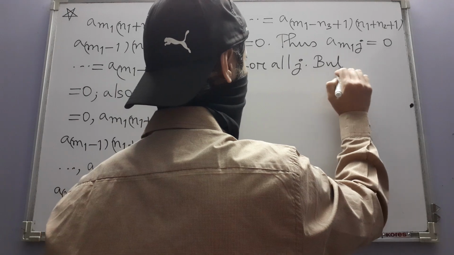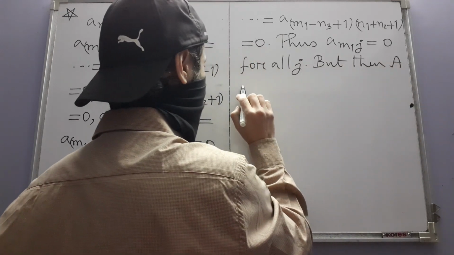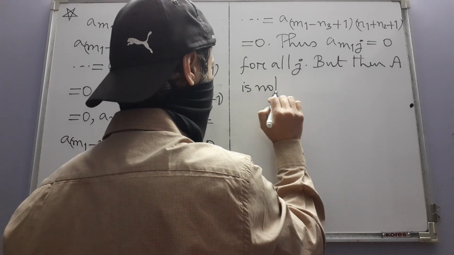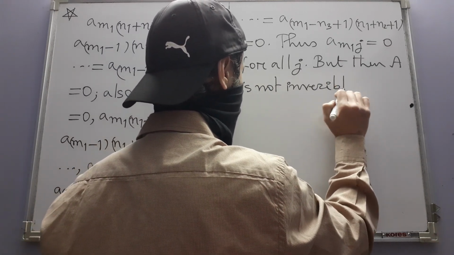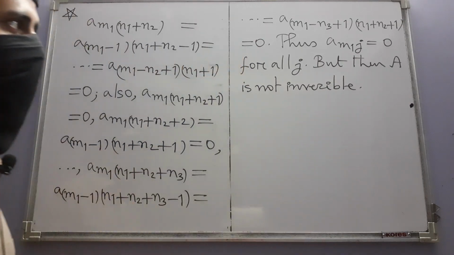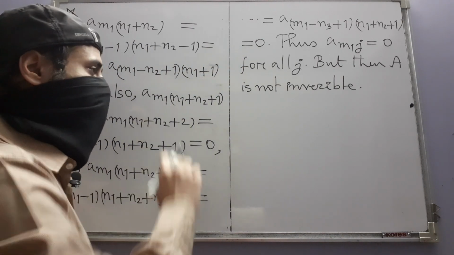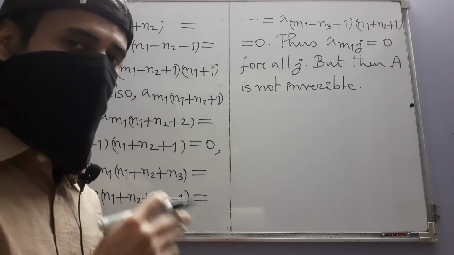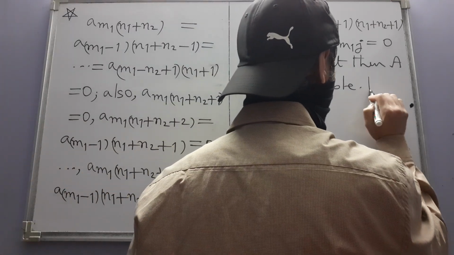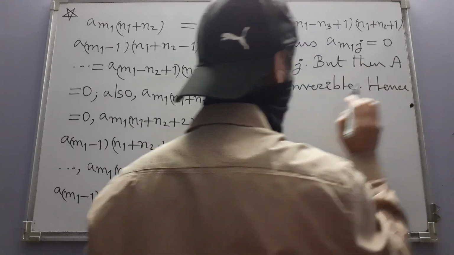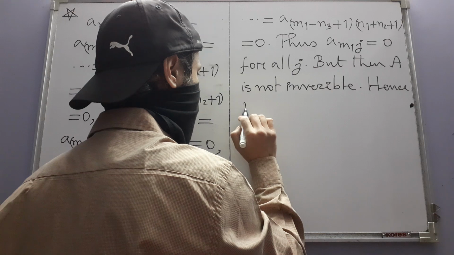But then A is not invertible, a contradiction, and this contradiction arises from our starting point, from the supposition that m1 is greater than n1, so it cannot be true. Hence, m1 has to be less than or equal to n1.